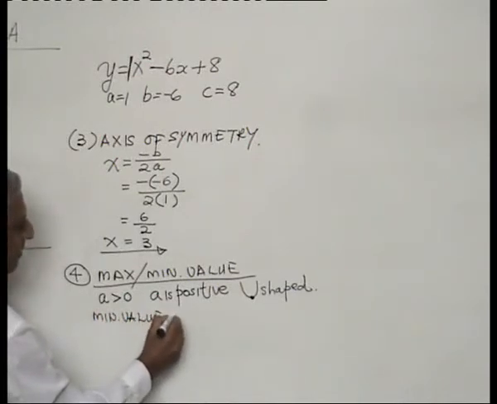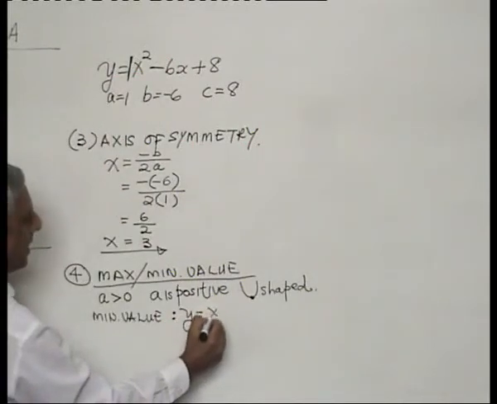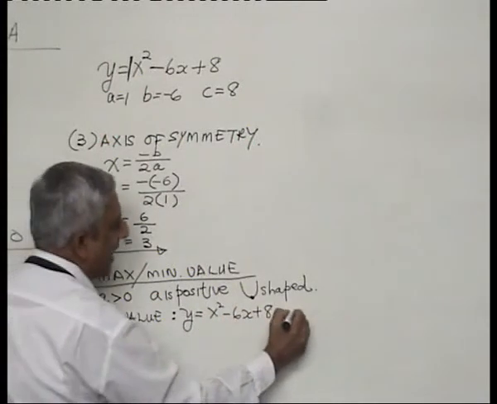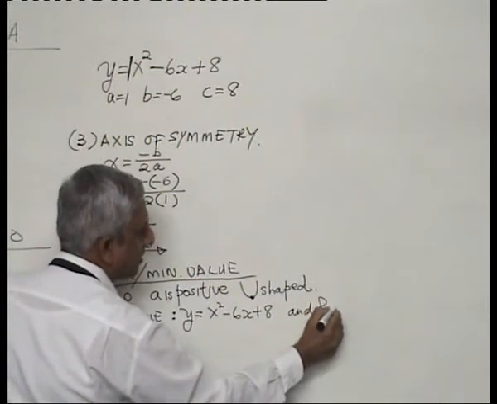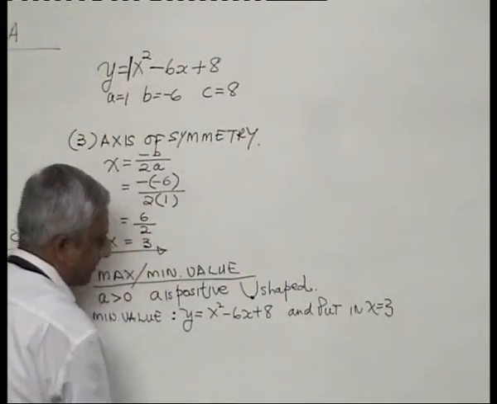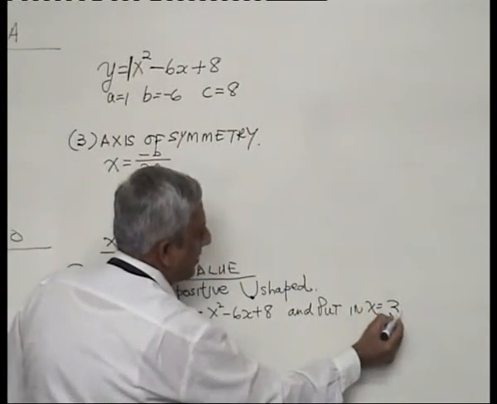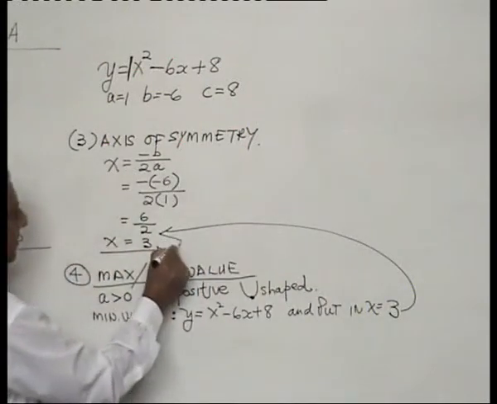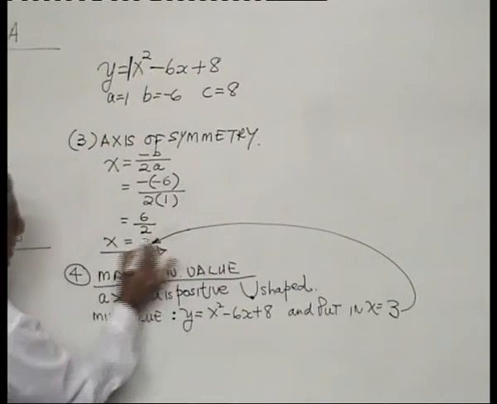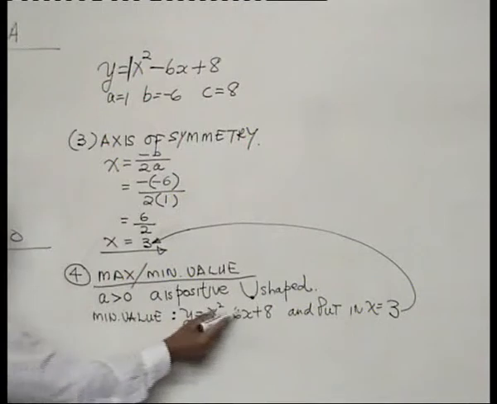Now if you wish to find the minimum value, you take the given equation, y is equal to x squared minus 6x plus 8, and put in x equal to 3. Now, where is this coming from? It is coming from here. We have taken the axis of symmetry from there and we are putting it into this equation.